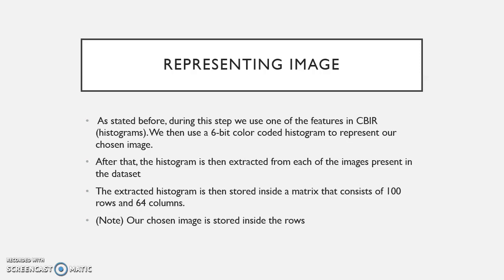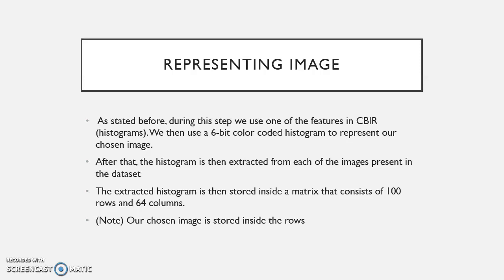So like I said, step 1 is representing the image with a histogram. Histograms are one of the common features in CBIR. For step 1, we use a 6-bit color-coded histogram to represent the image we choose, and we're going to be finding 20 images that are similar to the image that we chose.